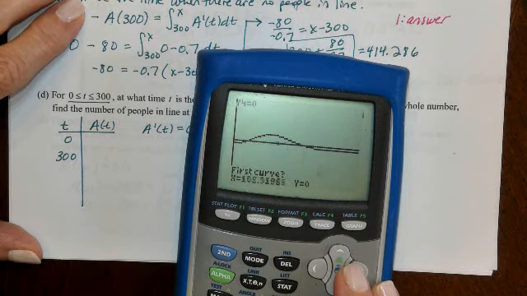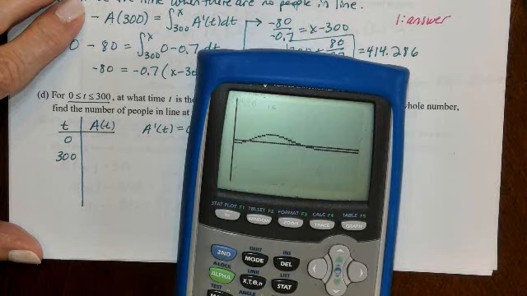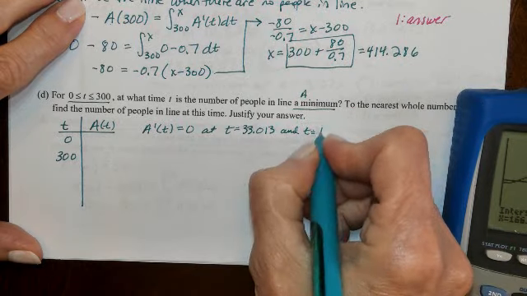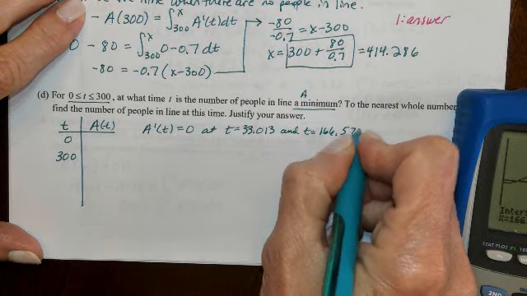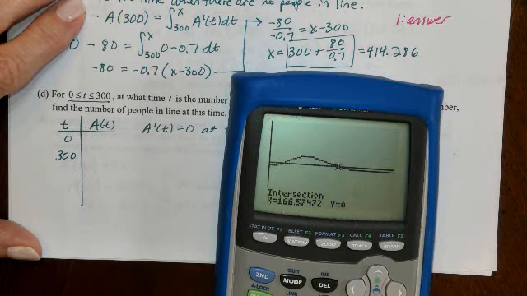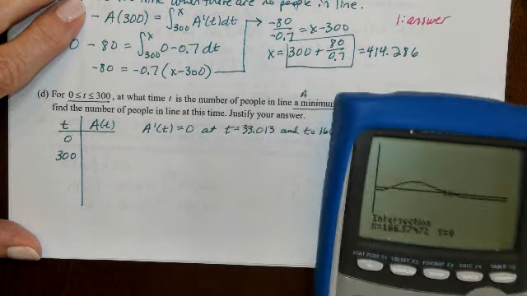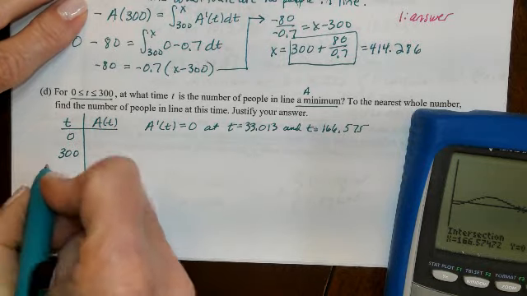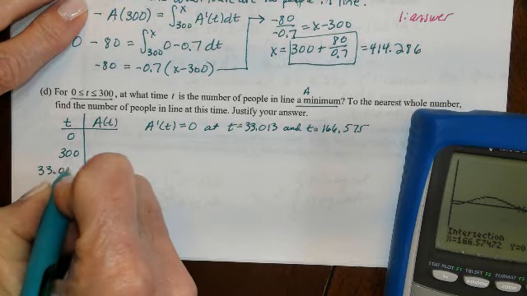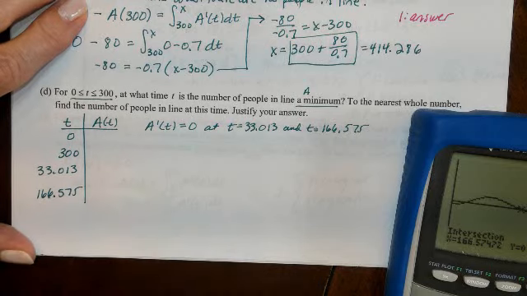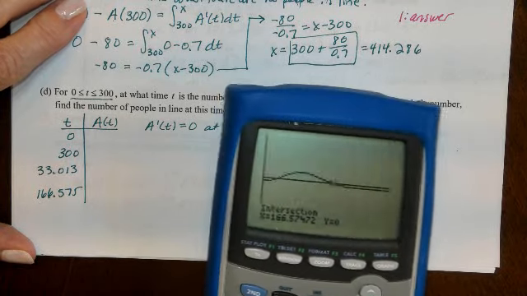Come over closer to this one, enter, enter, enter. 166.575. And I just realized that I never did go and save that first one. I should have saved that first one. I'll go back and have to get that again. But first let me write this down on my chart, 33.013 and 166.575.